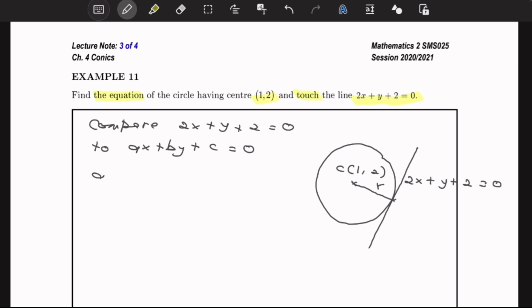So we'll get a equals to 2, b equals to 1 and c equals to 2. So from the diagram we can see that R is actually the shortest distance.